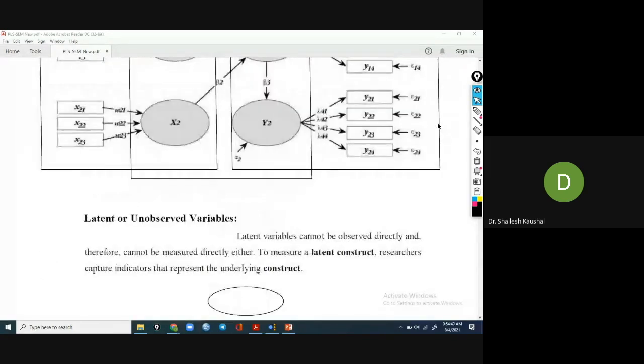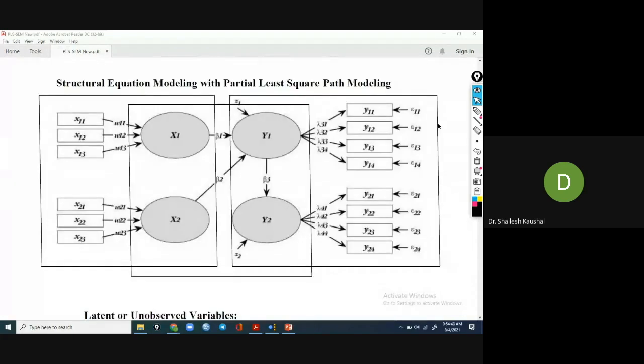Now, latent or unobserved variables. Unobserved variables are variables which we cannot directly measure. These are the unobserved variables: x1, x2, y1, y2.